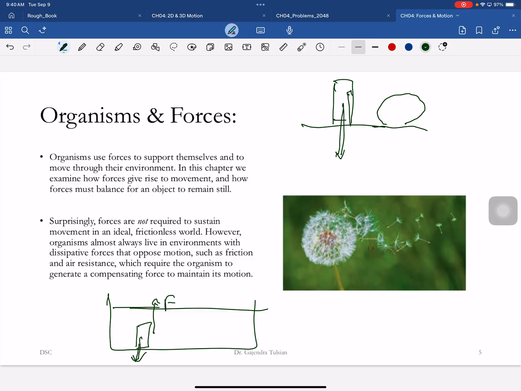So underwater, you're weightless. Now, when you're weightless, your structures don't have to support as much weight. So if you're living underwater, you have a totally different body structure. Organisms use forces to support themselves and to move through their environment.